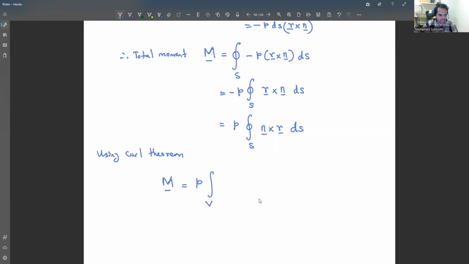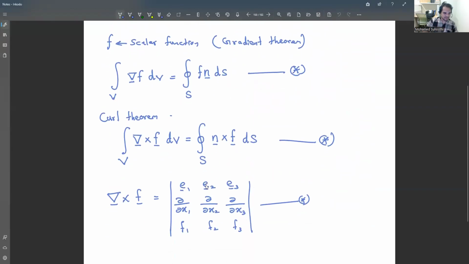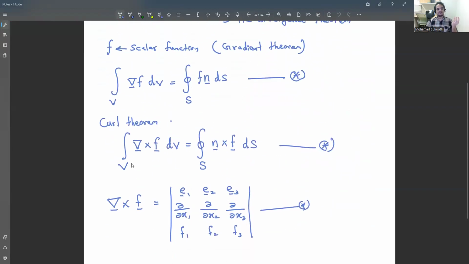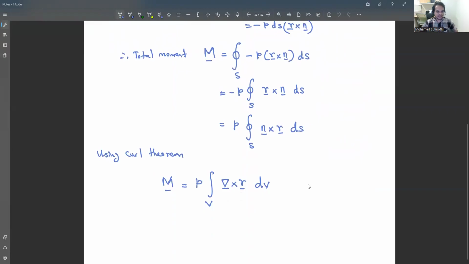So now this is the curl of the position vector.